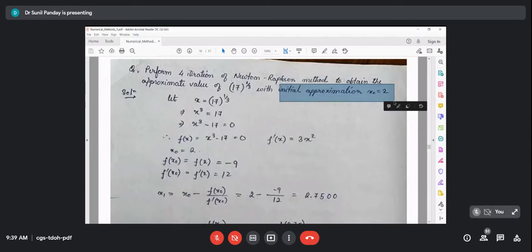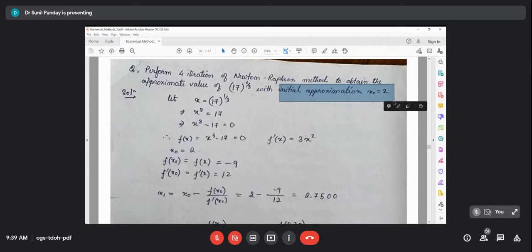But if it is not given, then you use the approach you used in the bisection method. You select 2 points a and b such that f of a into f of b is less than 0, and then you calculate their midpoint, a plus b by 2, and you assume that as your x naught.